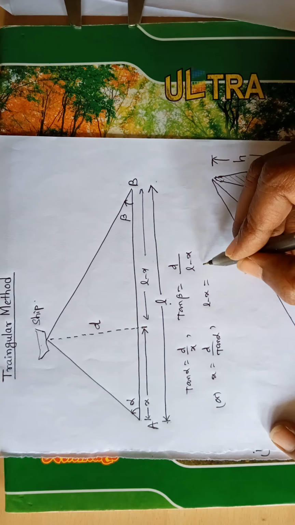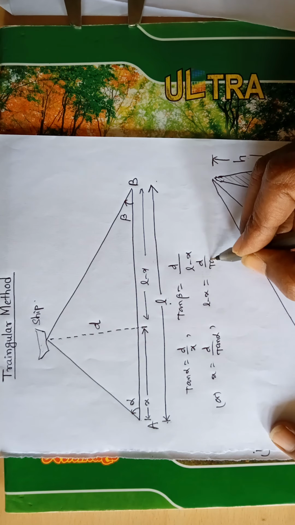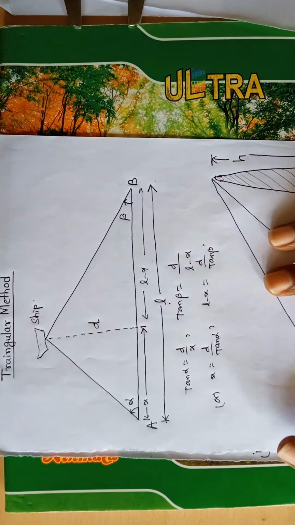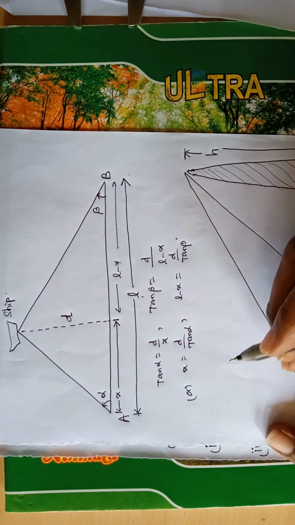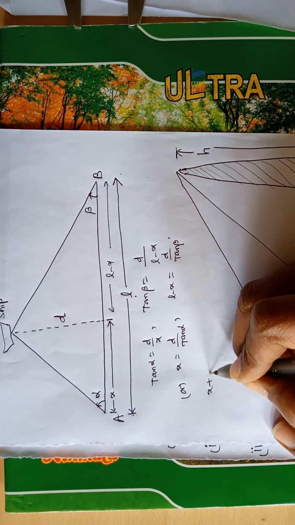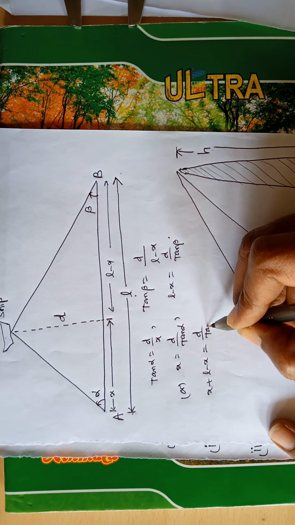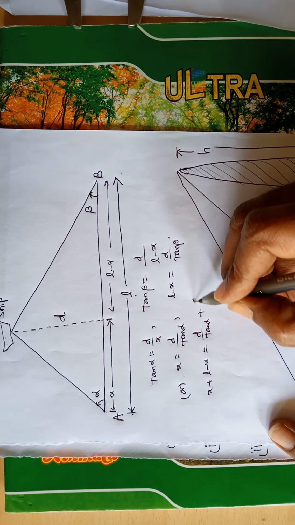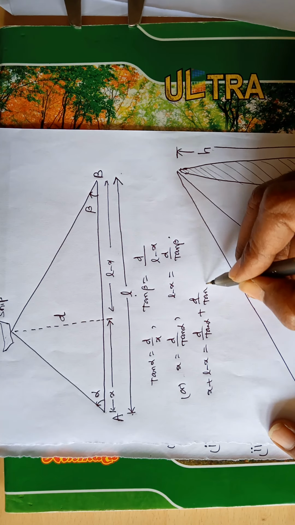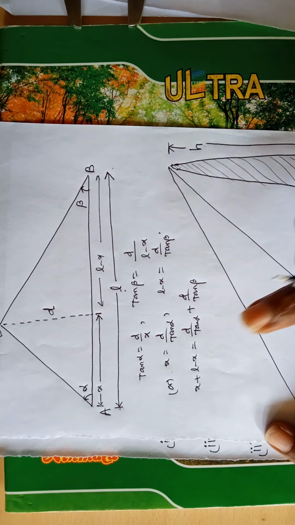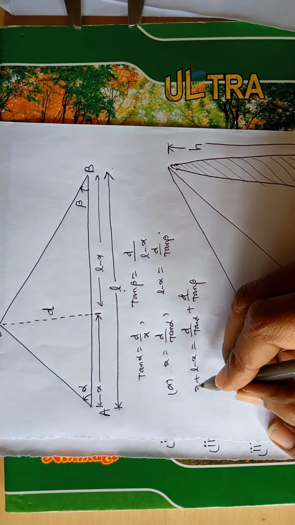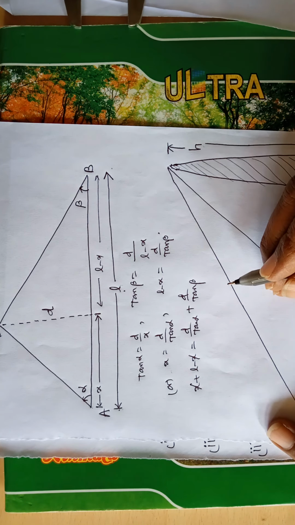Similarly, move this L minus X to the left hand side, take this tan beta to the right hand side. Now, adding these two, X plus L minus X is equal to D by tan alpha plus D by tan beta. Adding these two equations, plus X minus X cancel.